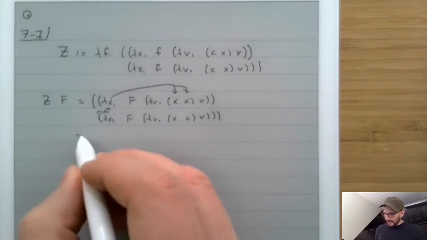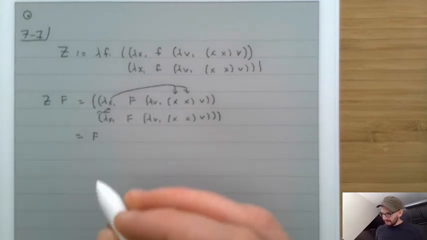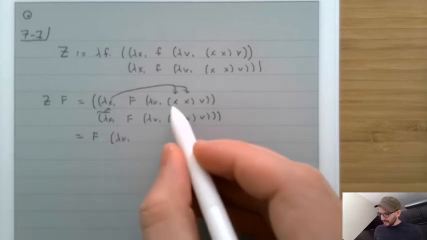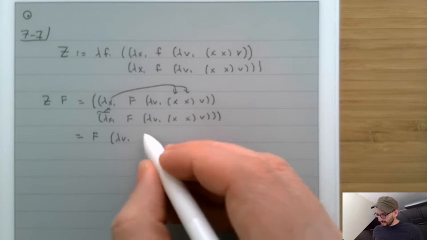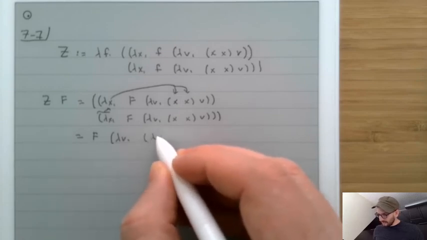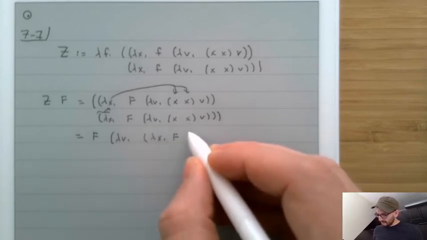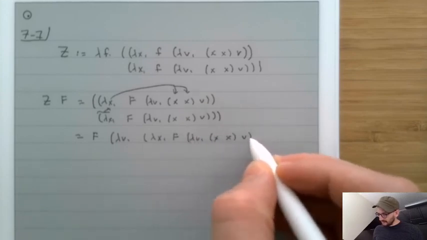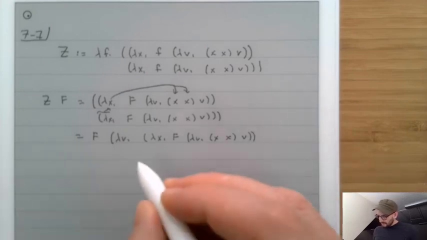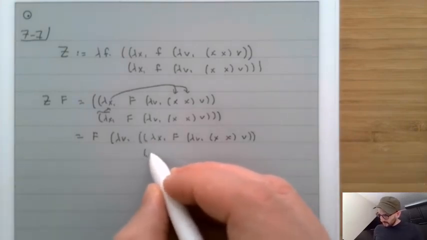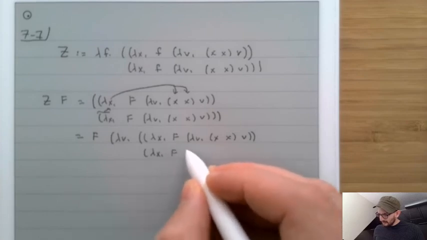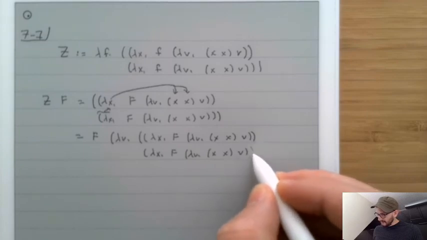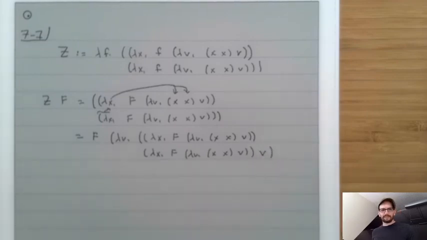So that means that we're going to end up with an f on the outside, and then we're going to get lambda v, that's that v, and then we're going to get this term right here, which is lambda x f lambda v x x v, and then that is going to be applied to lambda x f lambda v x x v, and then this is all applied to v.